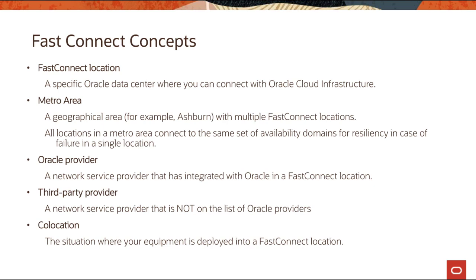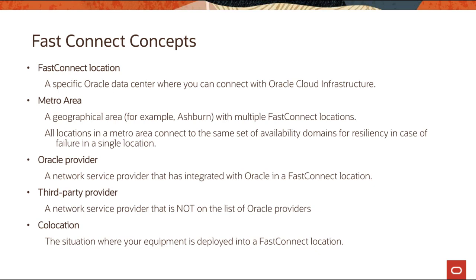An Oracle provider is basically a network service provider that has integrated with Oracle in a FastConnect location. Once again, within the documentation, you can see the list of Oracle providers, and it is divided among all the different regions that we have. Third-party provider.